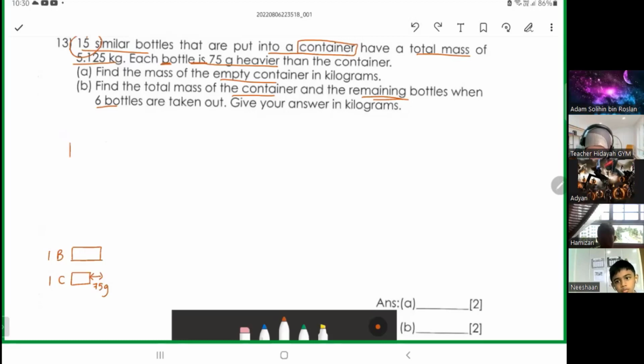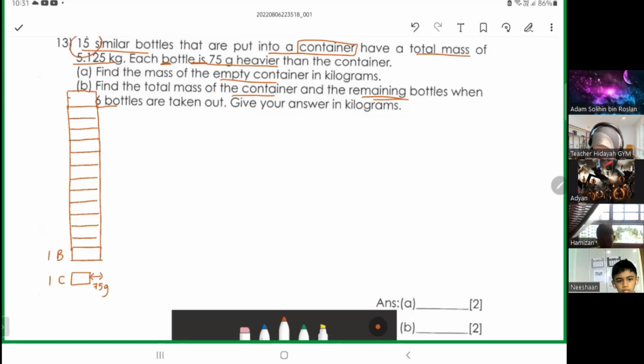Must use ruler, you see? No ruler, everything haywire. Okay, 1, 2, 3, 4, 5, 6, 7, 8, 9, 10, 11, 12, 13, 14, 15.